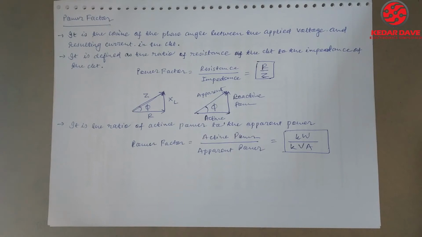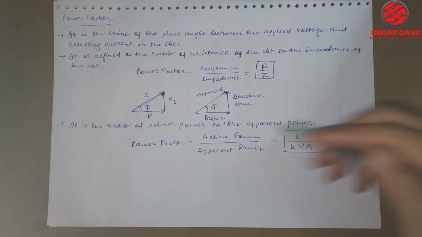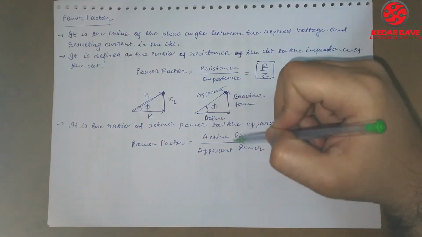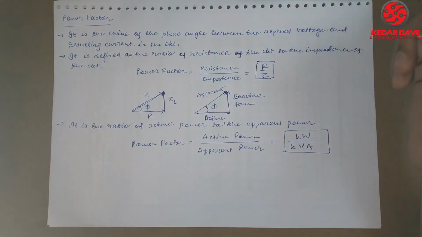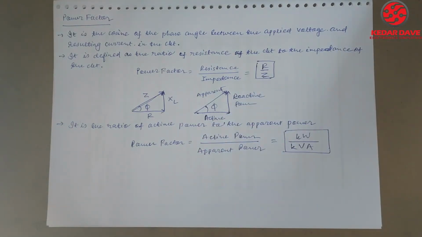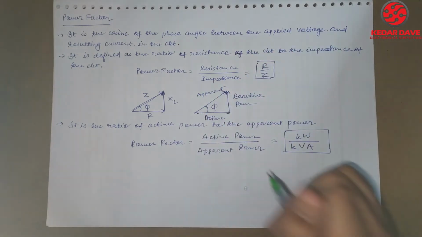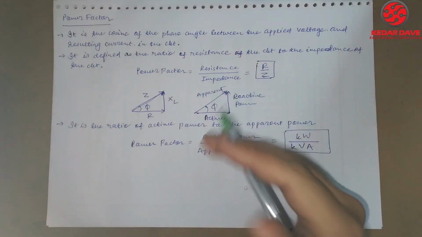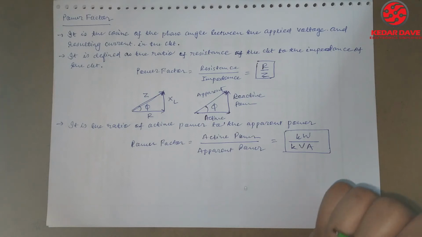So I hope all of you are getting these three definitions in the same way that we have discussed for the active, reactive and apparent power terms. From those terms we have easily understood how apparent power, reactive power and active power come into the picture.